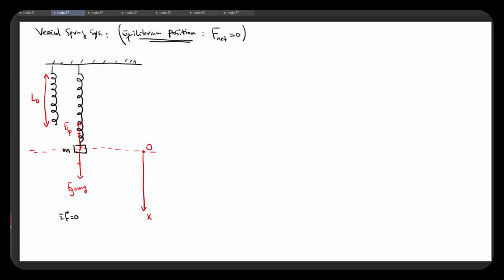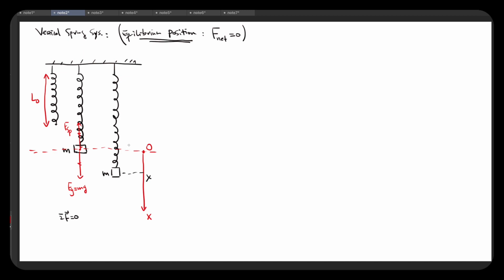Now, let's say we pull the spring down to a new position and then let go. This new position has coordinate x for the mass m.